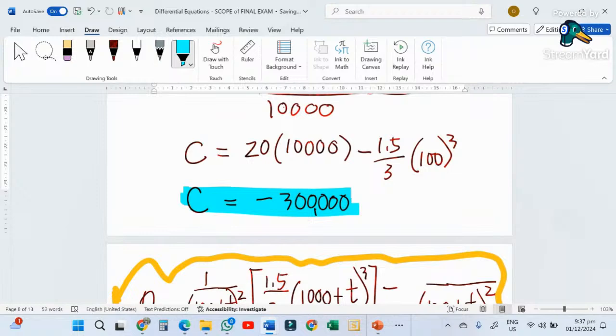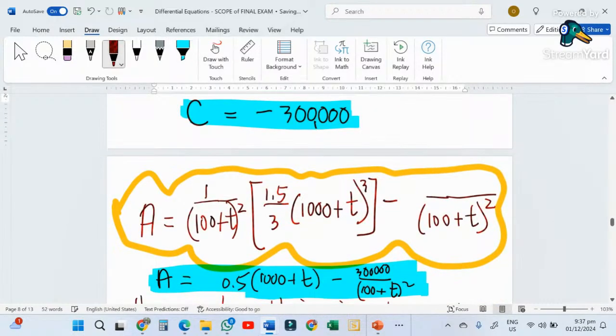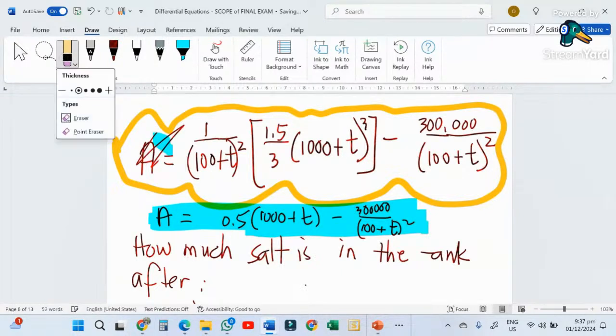Having minus 300,000 as our C, let's substitute it in our general equation. Then we have a particular solution, the one in orange.